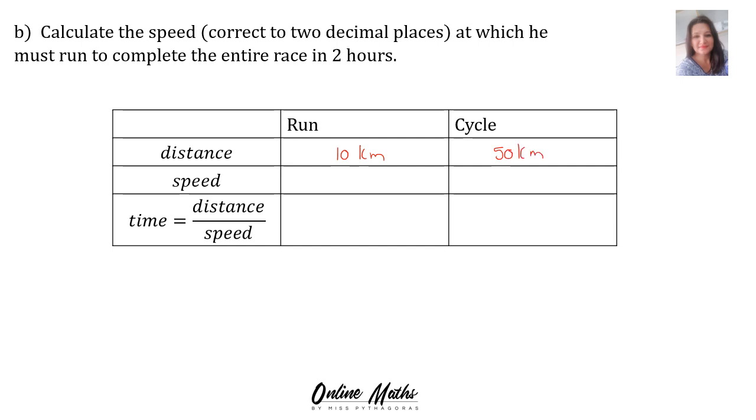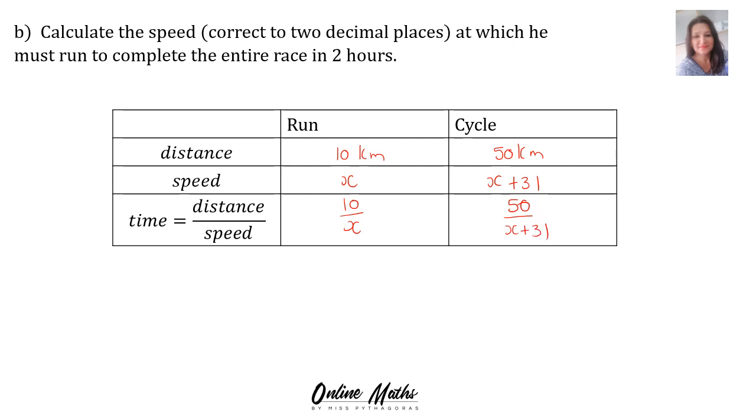The speed for running is x, and the speed for cycling x plus 31. And then the time is distance over speed. So the time for running, 10 over x, and the time for cycling, 50 over x plus 31.